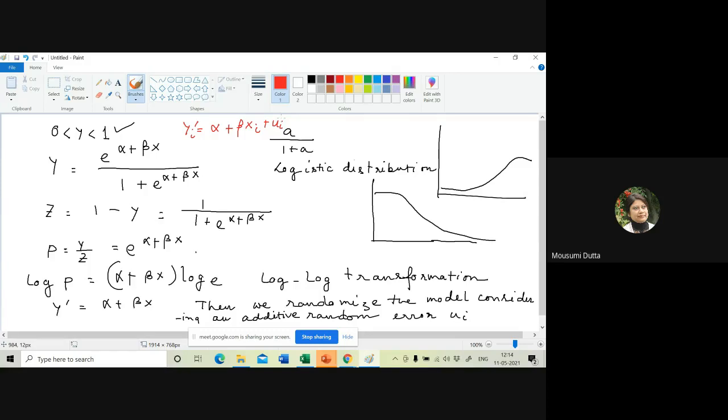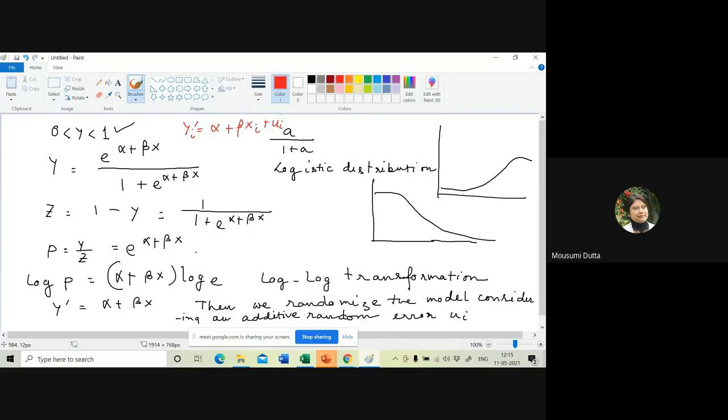This question is based on model specification. In the beginning, when I started to talk about regression, I discussed some issues regarding the specification of the model. From economics, we get some idea about the functional relationship between the variables. If this is the functional relationship, how will I finally, empirically, estimate the parameters or the function?